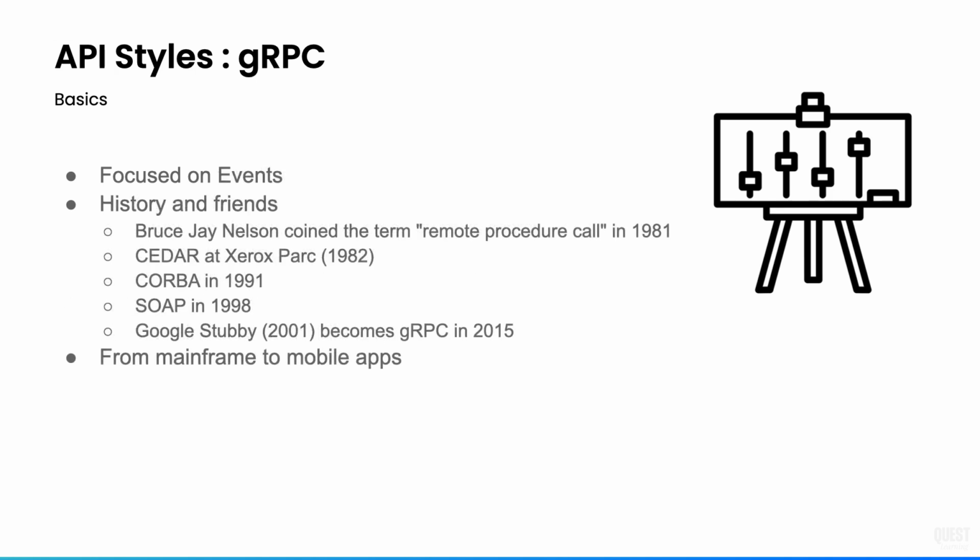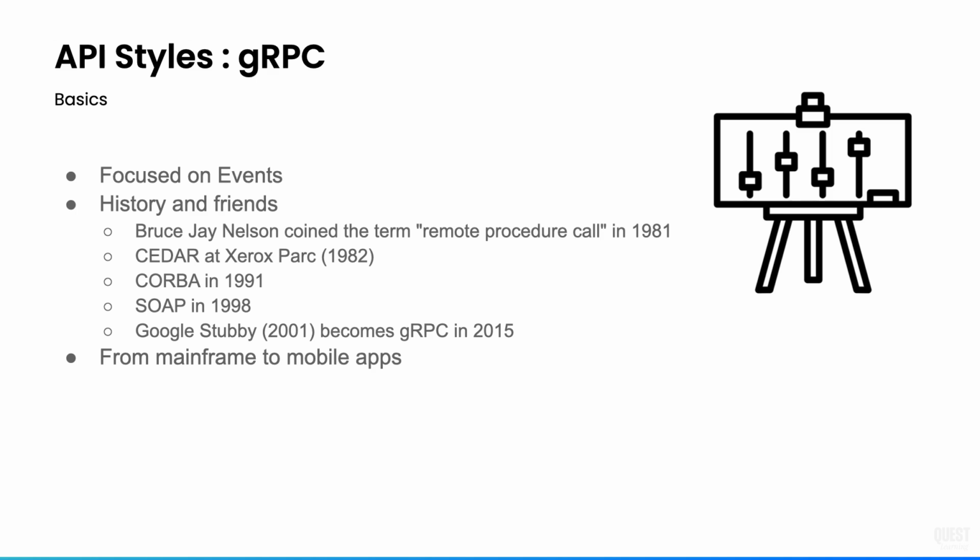Now, this notion of remote procedure call has a long and storied history. Bruce J. Nelson coined the term in 1981, long before we were considered internet savvy. The Xerox PARC group implemented a version of remote procedure calling on an individual computer called the CEDAR protocol. That became the CORBA protocol in 1991.